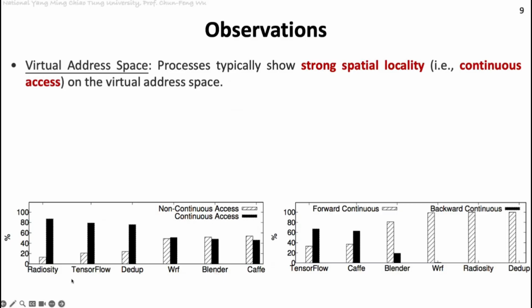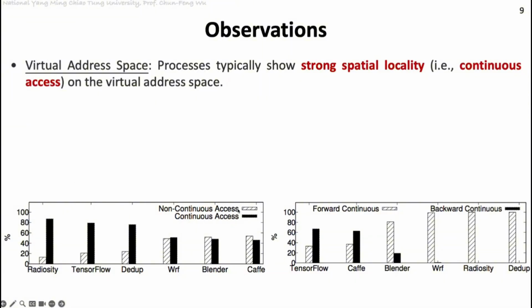Some of them are high performance computing applications, and some, like TensorFlow, are running image recognition. The conclusion is that we found the process typically shows strong spatial locality on the virtual address space. If you look at the figure below, the x-axis are those applications, and let's first focus on the left-hand side.